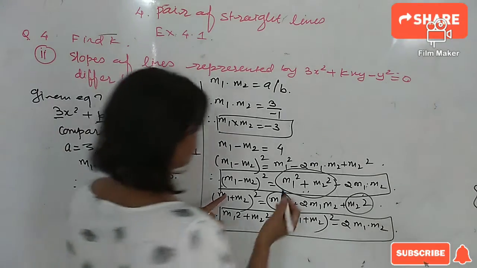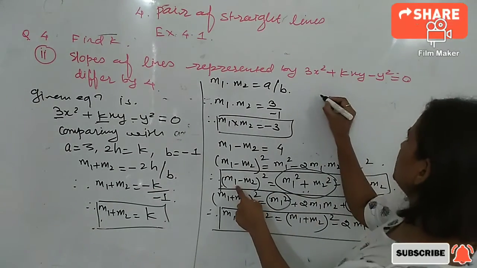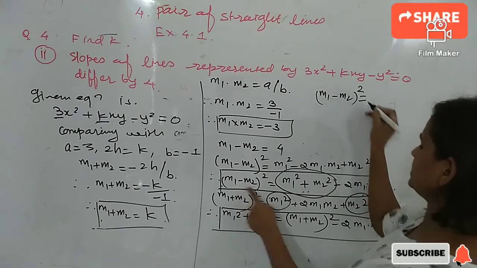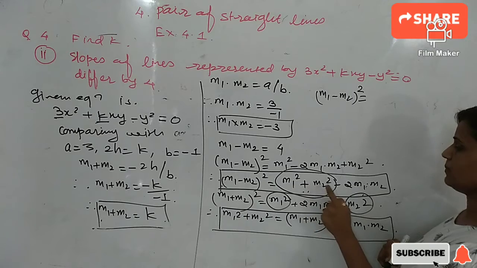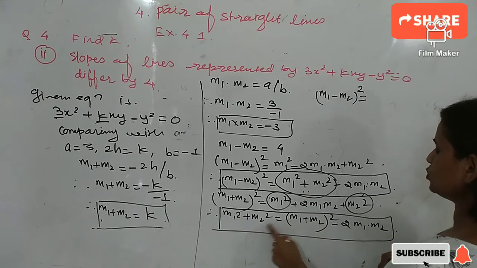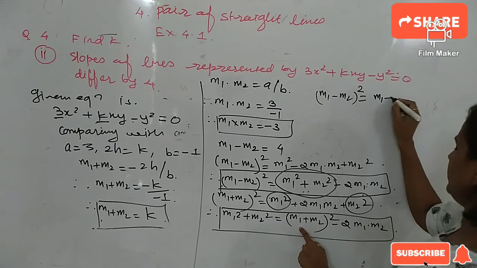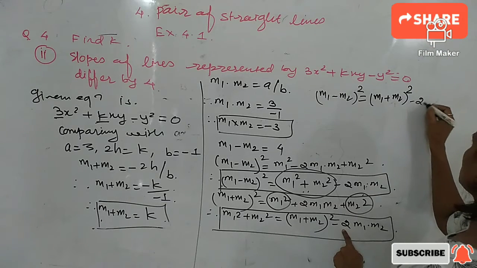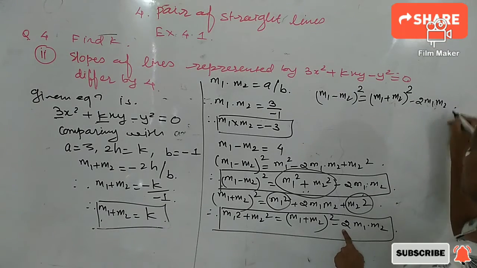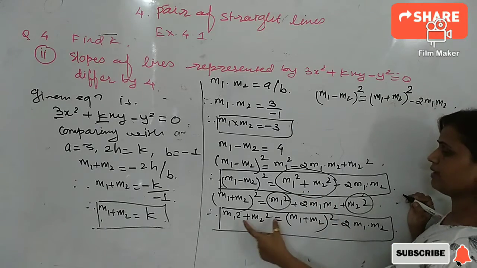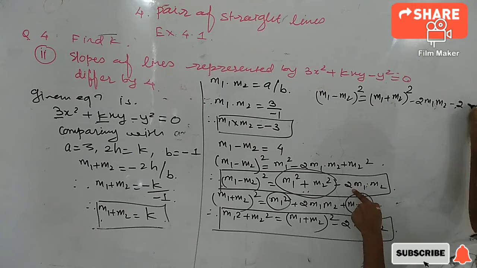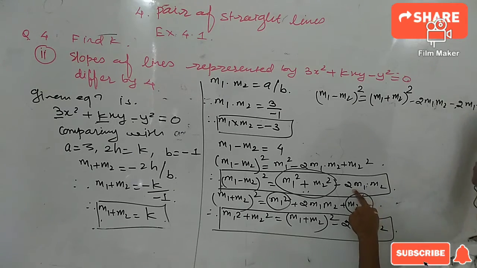So m1 minus m2 whole square is equal to, now this m1 square plus m2 square means it is m1 plus m2 whole square minus 2 m1 m2. This is the value of this, and minus 2 m1 m2 is already here.